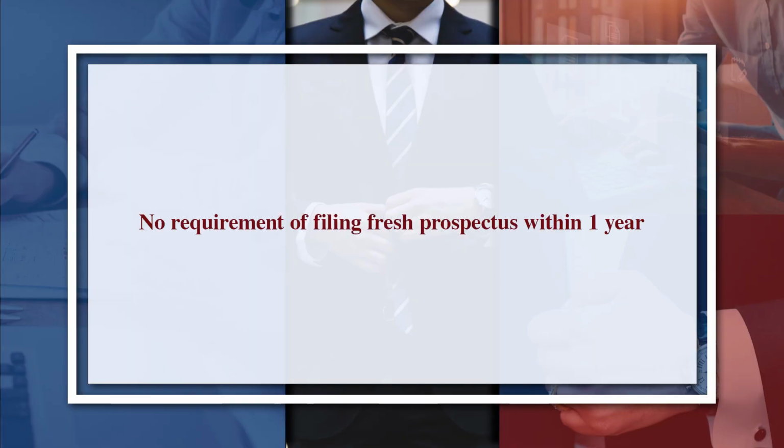No requirement of filing fresh prospectus within 1 year. A company filing a shelf prospectus with the registrar shall not be required to file a fresh prospectus at every stage of offer of securities by it within the validity period of 1 year from the date of opening of the first issue of securities.